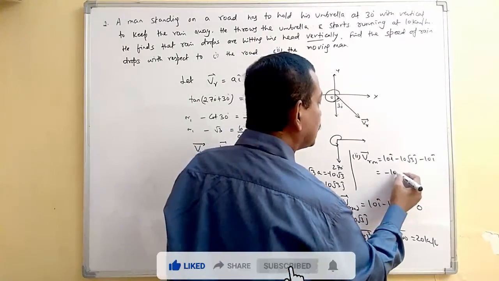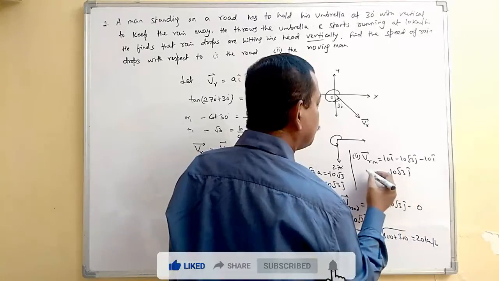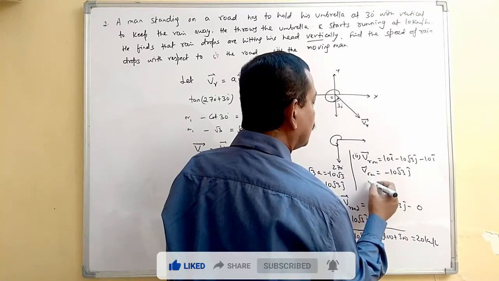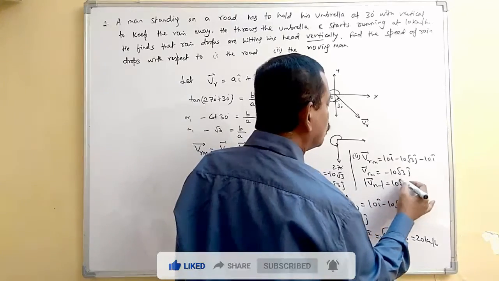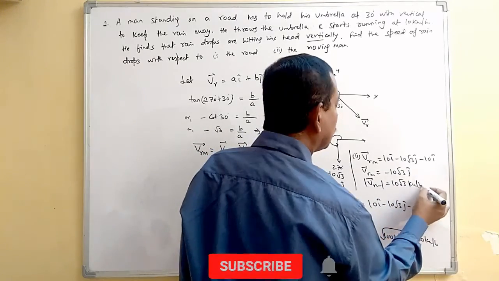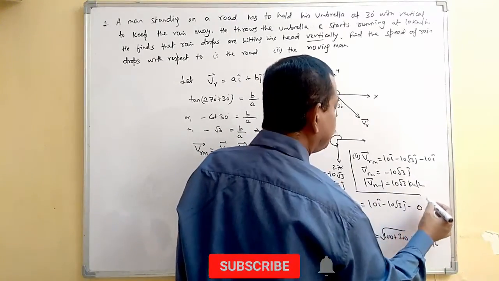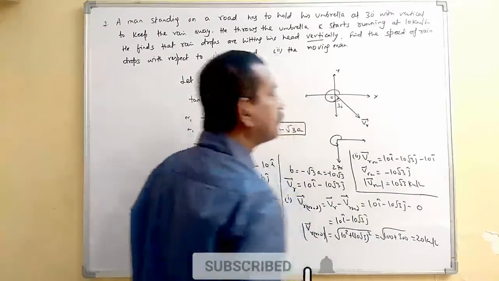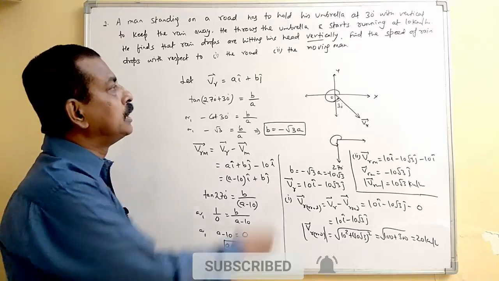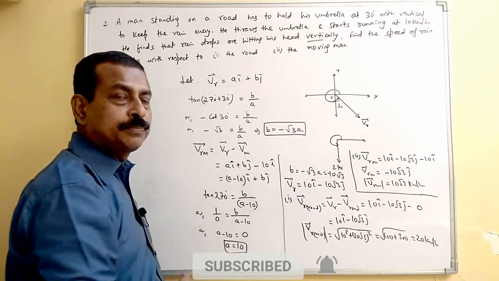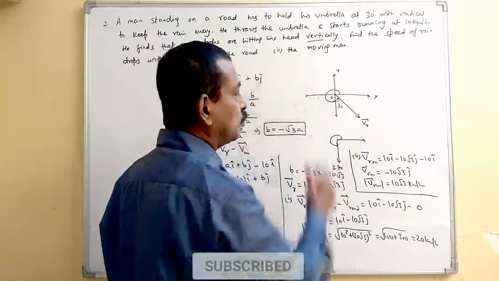So this is minus 10 root 3 j. And if you take its magnitude, it is 10 root 3 kilometer per hour. So this is how you can get the speed of the rain with respect to the road, and the speed of the rain with respect to the moving man.